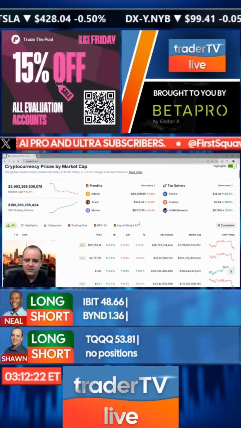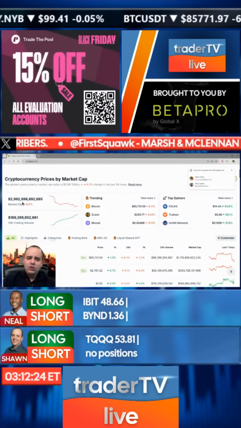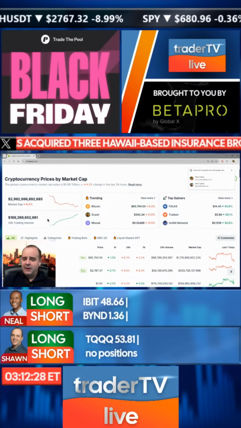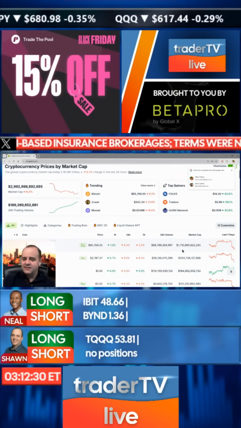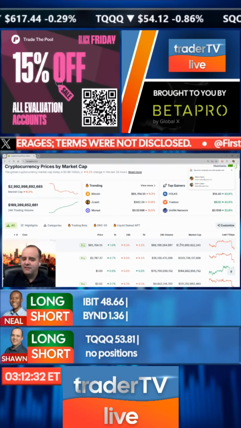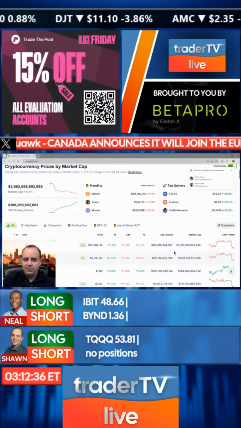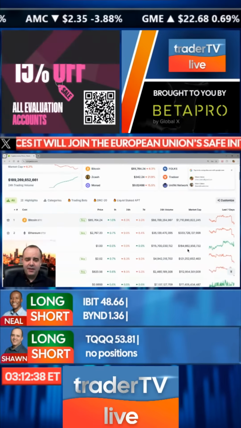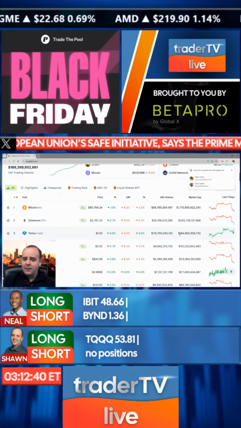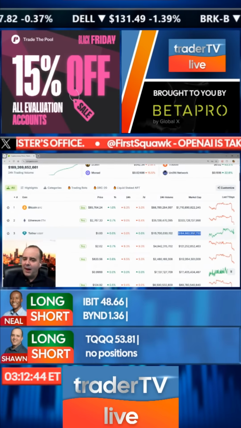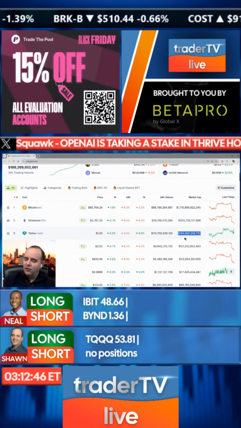If you're looking at the market cap of both of those names, the whole market cap of the crypto space right now is 3 trillion. But just look at this: added up together, there's 1.7. So at least two-thirds of the market cap in the crypto space is Bitcoin and ETH. And on top of that, if you add back Tether, which is just a stablecoin, now you've got 333 and 184, so that's 500 billion.